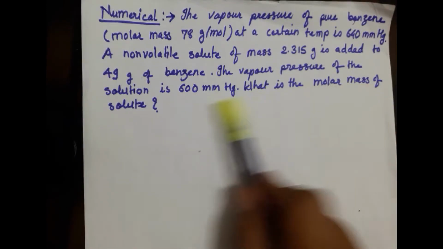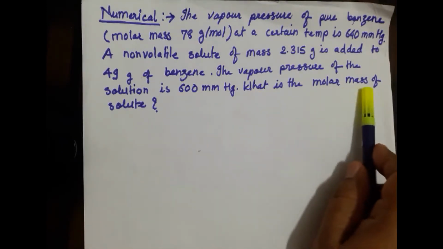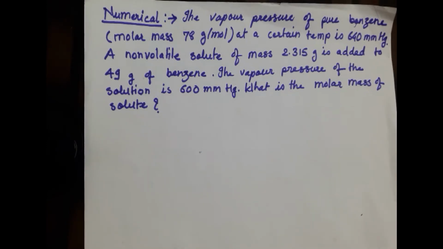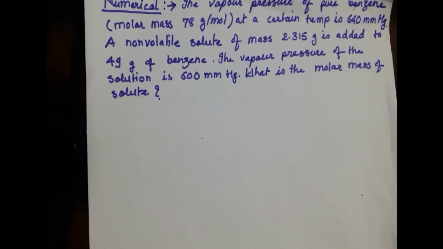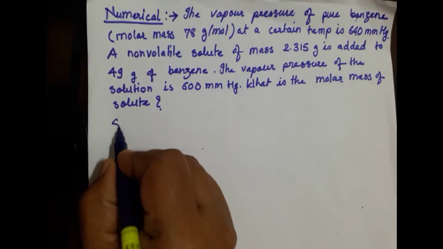What is the molar mass of solute? Okay, so in this numerical we have to find the molar mass of the solute. Before starting with any numerical, first of all you should know what is given, so that is to be written systematically, right? So let's see how it can be done. So let's start with the solution.